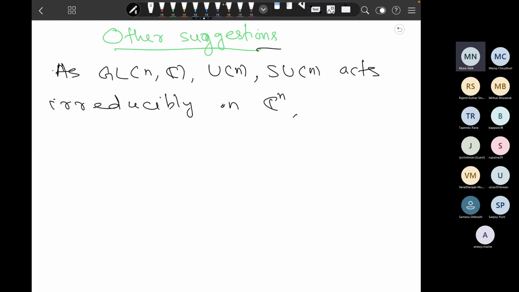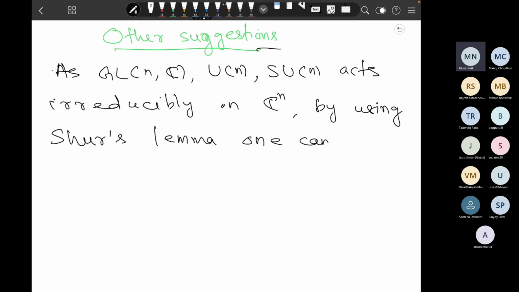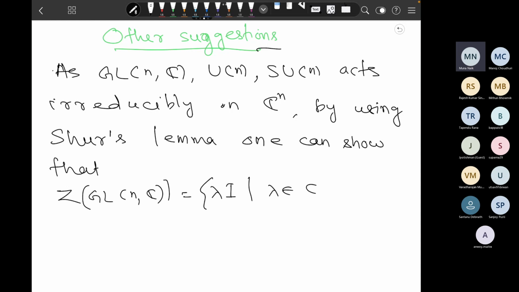There is something called Schur's lemma. By using this Schur's lemma, one can show that Z of GL_N(C) is lambda I, so that lambda belongs to C star, and Z of U_N is the same.